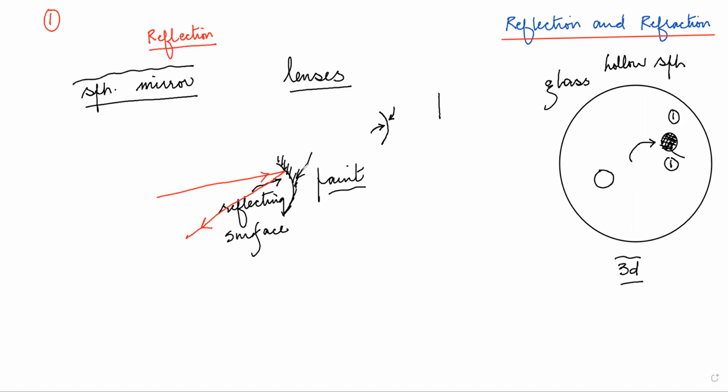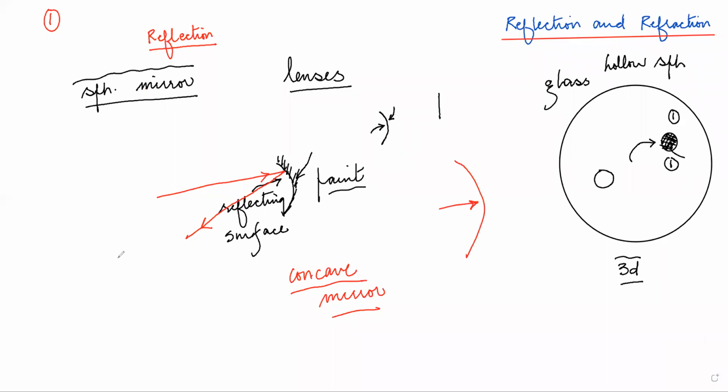Which is making it a concave mirror, right? So in case of a concave mirror, the reflecting surface is going inside. Reflecting surface is going inside, right?